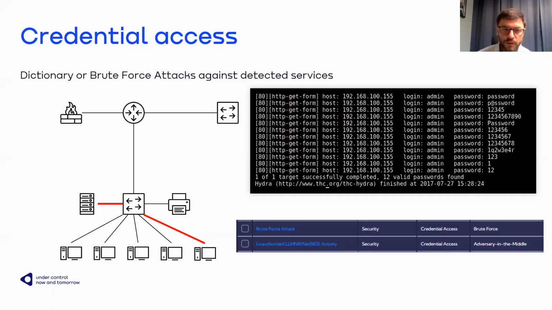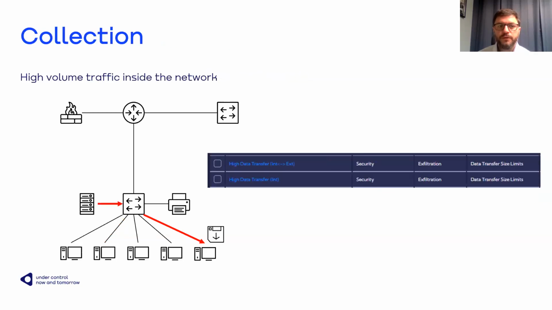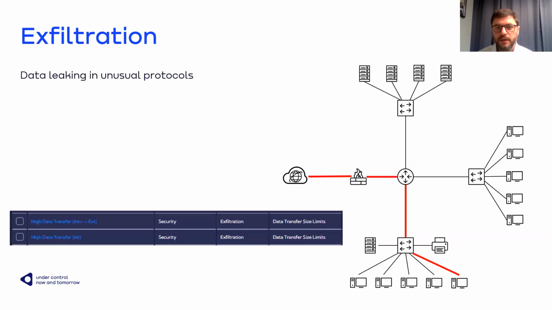It's easy to detect this kind of activity. Then we've got lateral movements. So having a credential to the one system, we are trying to jump to another one, to infect another system in the network. Then we've got collection phase of the attack. So the attacker collects the data, analyzes the data, and is going to send the data outside the network in the exfiltration phase of the attack.